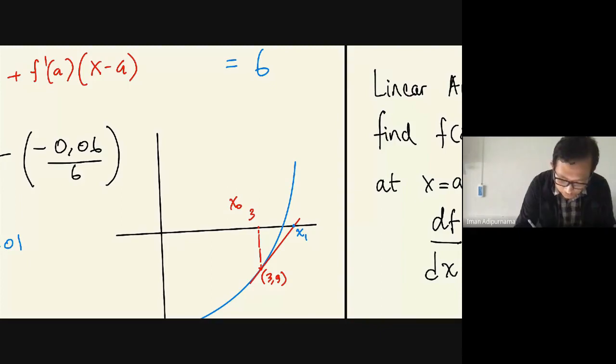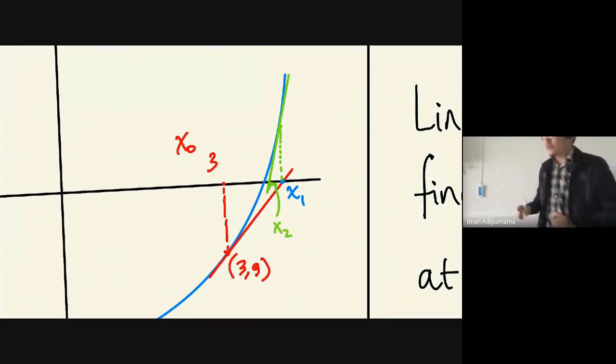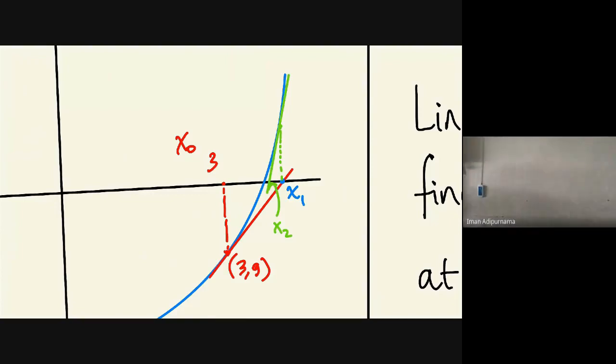So let me draw another one here. I'm getting a point here, and let me draw the tangent line crossing the x-axis. And here is x2. This is getting closer, right? So we can estimate, finding the real roots using approximation, using Newton's method. So we can have 1, 2, 3, 4.